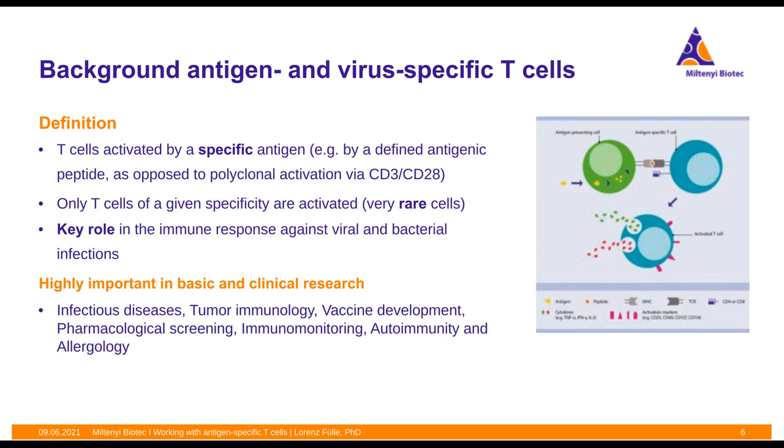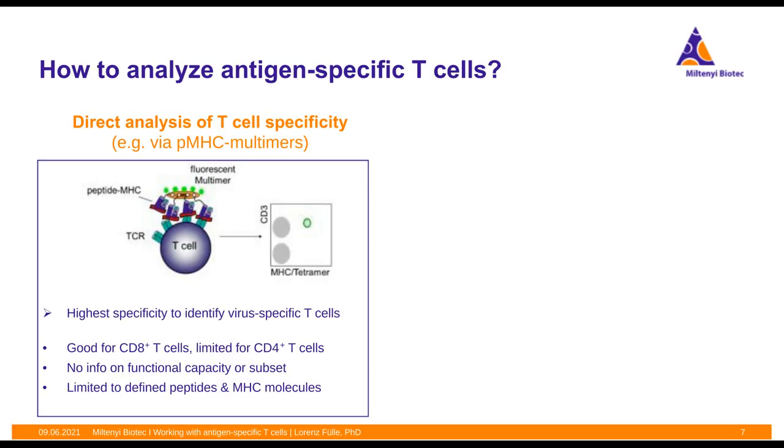So how can we analyze these antigen-specific T cells in a bit more detail? In general, there are two methods that can be classified into two categories. First, there's the direct analysis of T cell specificity, for example, via MHC peptide multimers.